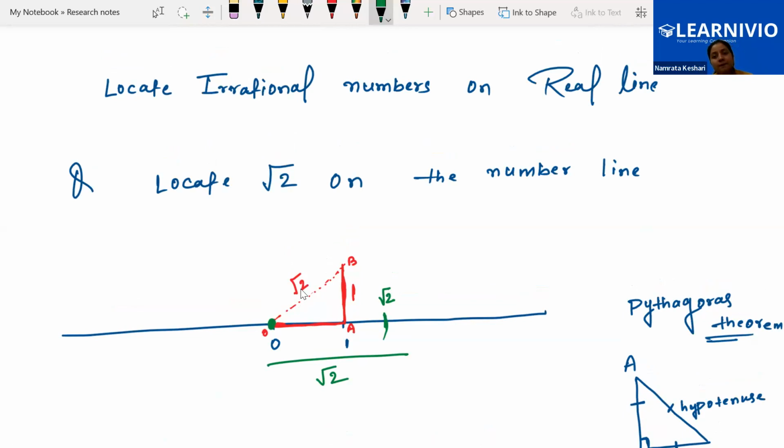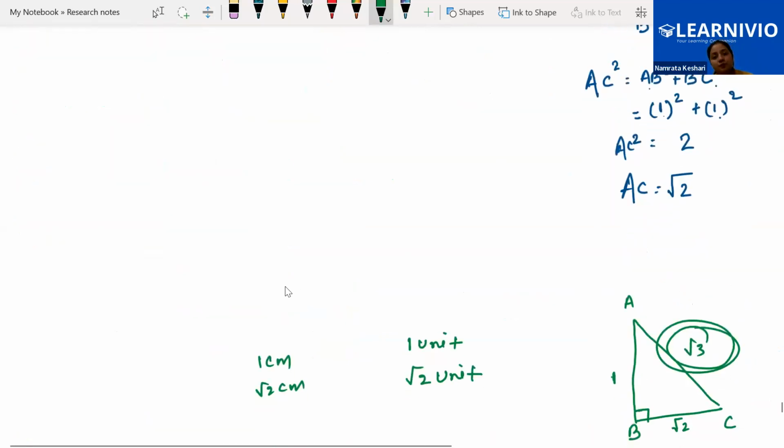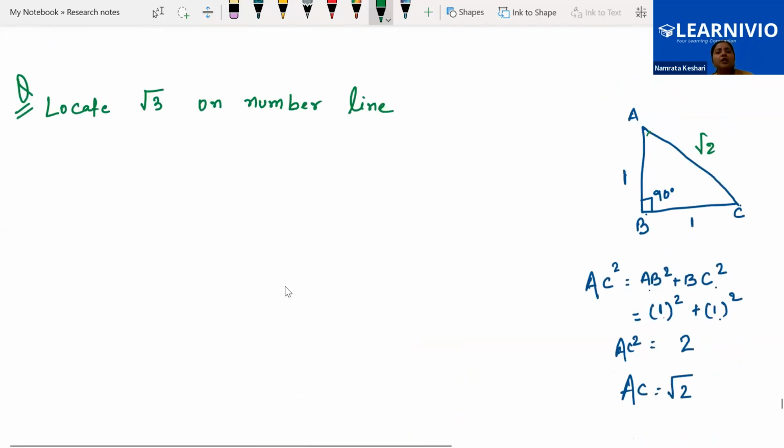Even if the question says to locate root 3, at first you have to locate root 2, because for getting root 3 we need root 2. 1 centimeter we can plot using the centimeter scale. But how will we get root 2 centimeter? That we have to do at first.